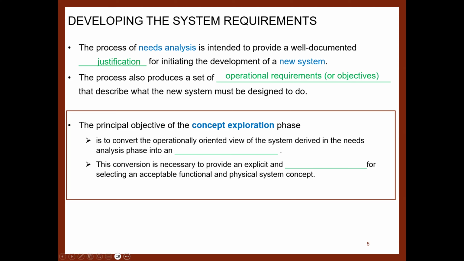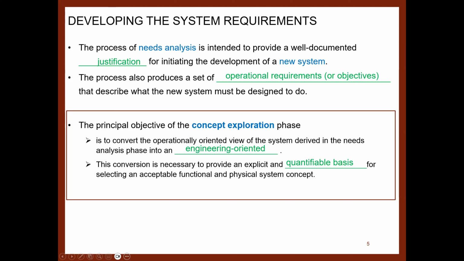The principal objective of the concept exploration, which is the next phase, is to convert these operationally oriented requirements or objectives of the system into an engineering-oriented version of requirements. This conversion is necessary to provide an explicit and quantifiable basis for selecting an acceptable functional and physical system concept.